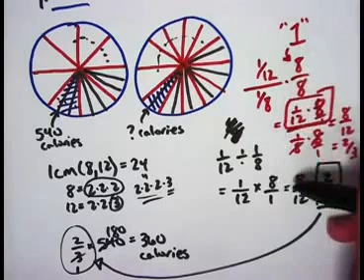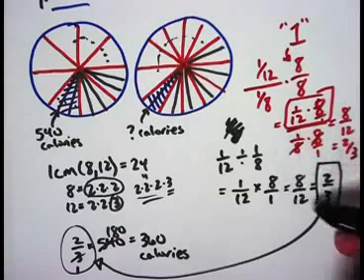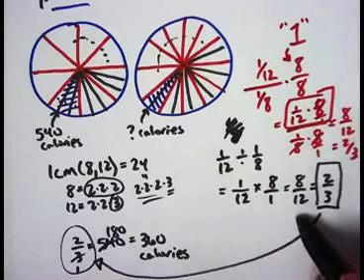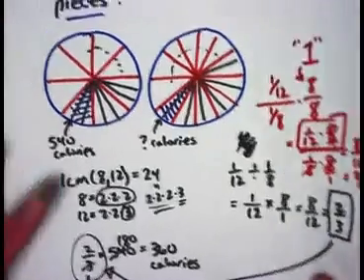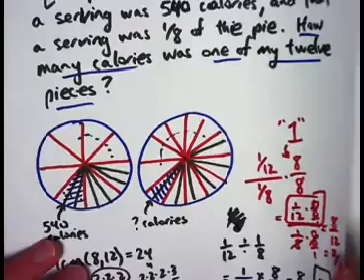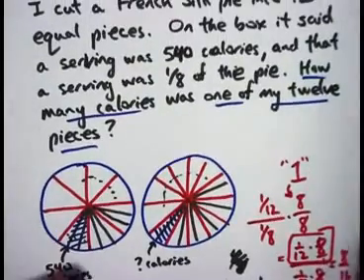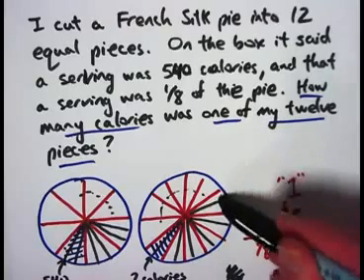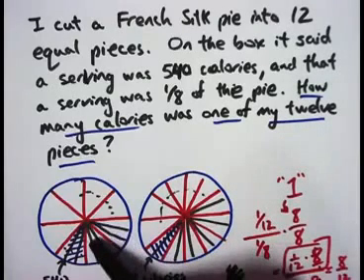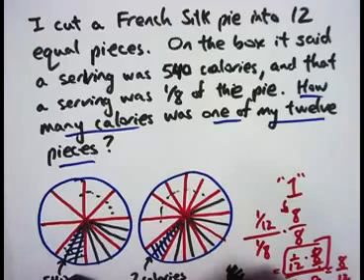what I tried to do in the last video was to justify why you do this invert and multiply in two ways. First of all, we tried to figure out the answer to this question about the pie, about how I cut my pie into 12 equal pieces, whereas the box said, based on the serving size, you should cut it into 8 equal pieces that were 540 calories.